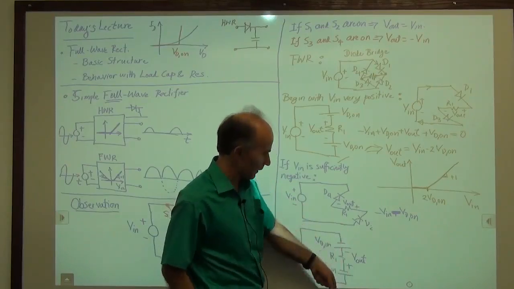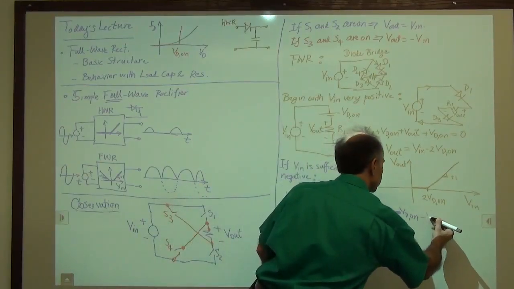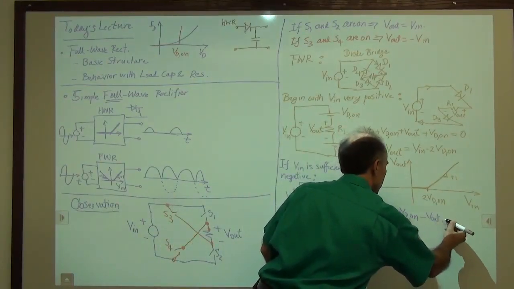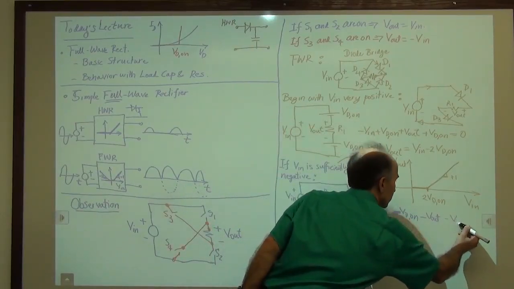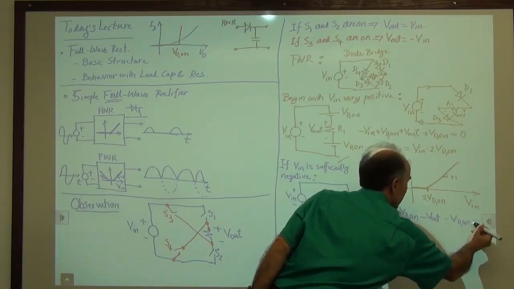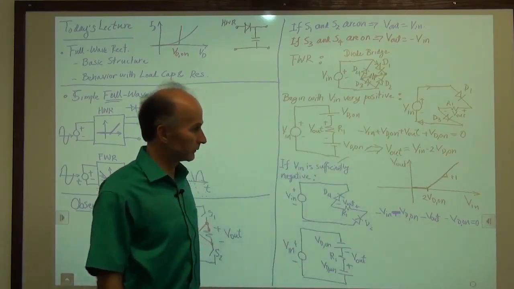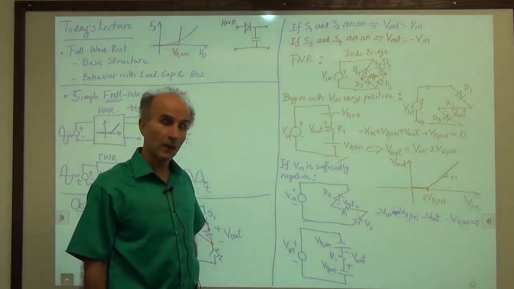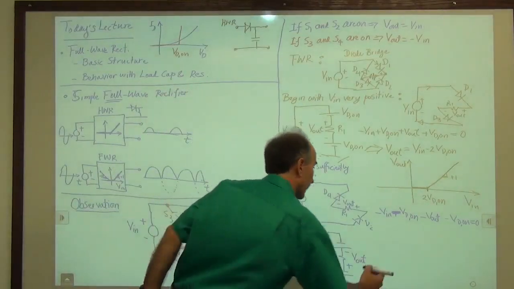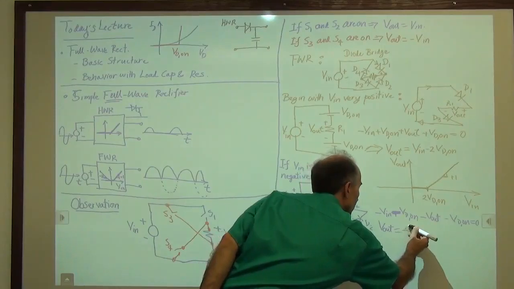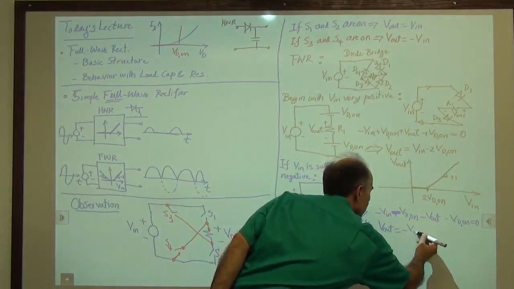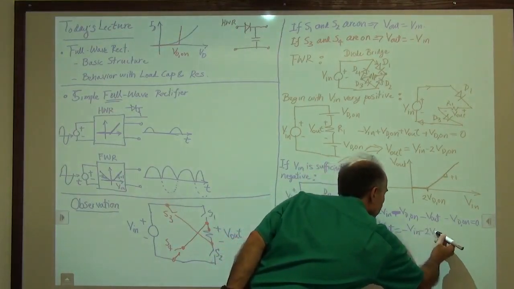So again, going this way is minus V out. And then finally, minus VD on equals 0. So this says that V out is equal to minus V in minus 2 VD on.